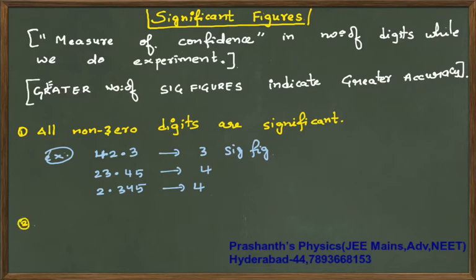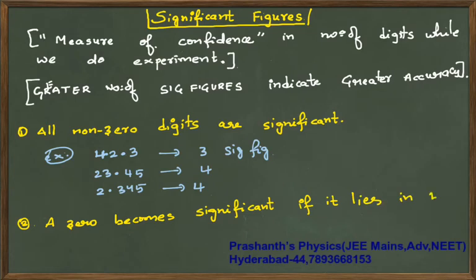Your second rule is: a 0 becomes significant if it lies in between non-zero digits. For this, as an example, 4.05 has 3 significant digits.